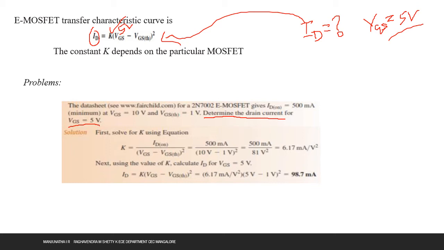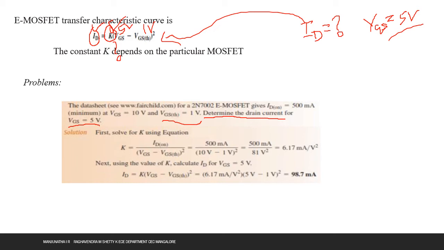And VGS threshold is given as 1 volt, so I can substitute 1 volt. But I have to find out the K value. K value is not given, so before I find out ID, I have to find out K value.